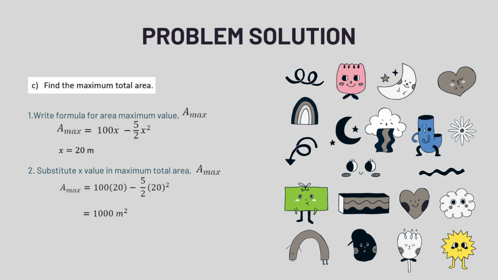Next, we substitute the x value into the total area. As a result, the final answer will be 1000 meters squared. So now our problem is solved.